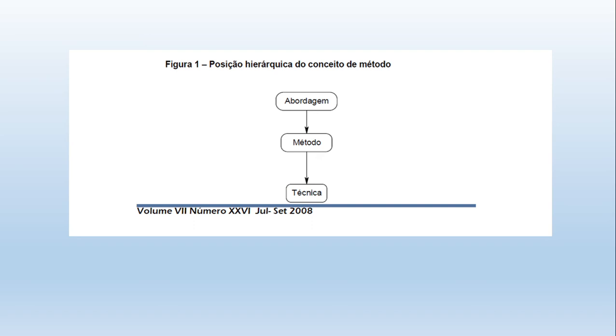And then method is the way we behave in class according to the theories that we are using. So if you're using the communicative theories, for example, the communicative approach as an approach, then we have some methods to follow.